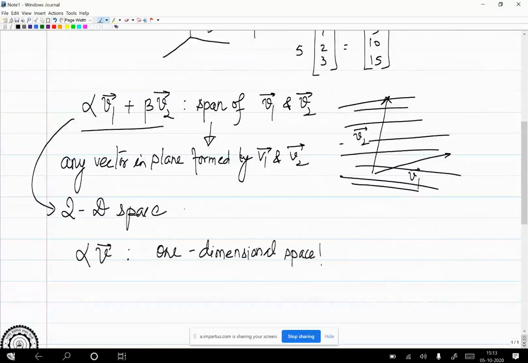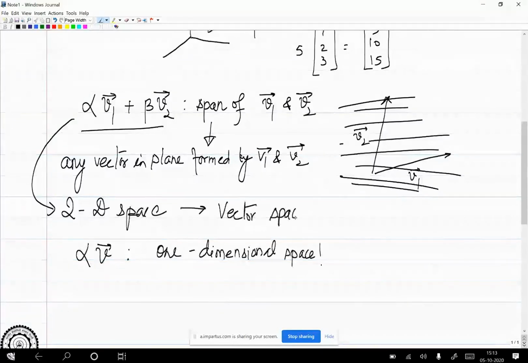And both of these are vector spaces in themselves.